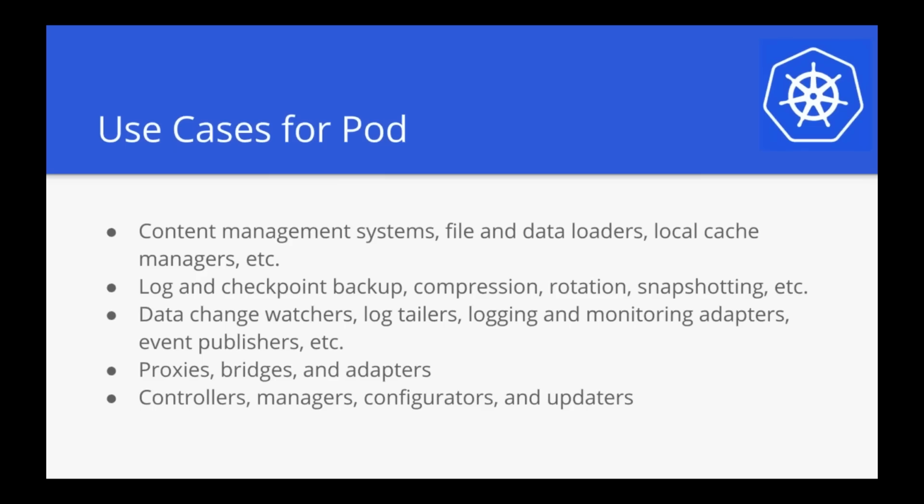So some of the use cases for the pod abstraction are as follows. I think we talked a little bit about content management, where we can serve data and pull data, doing file data loaders, cache managers. There's lots of different patterns that are really valuable here. You could dream up many more than are listed, I'm certain.